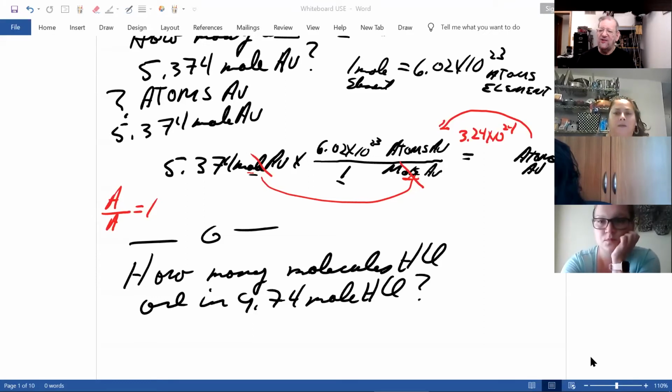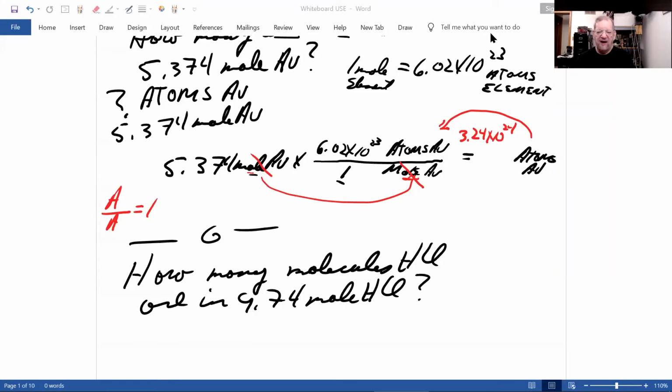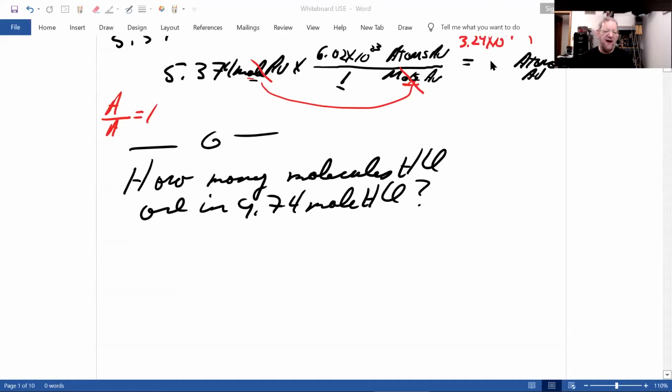All right, let's take a look at this. And the problem is how many molecules of HCl are in 9.74 moles of HCl. So what are we trying to find? Molecules of HCl. What are we given?